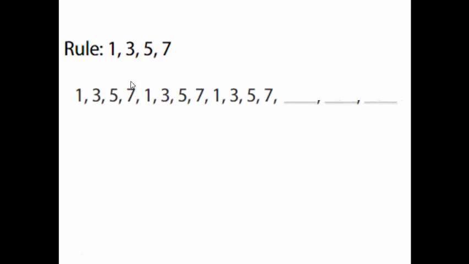Do you remember this? It was about numbers. When I give you the rule, I say this rule says 1, 3, 5, 7, and I want you to follow this rule. And it will be 1, 3, 5, 7, 1, 3, 5, 7, 1, 3, 5, 7. Which person can tell me what are the next three numbers?